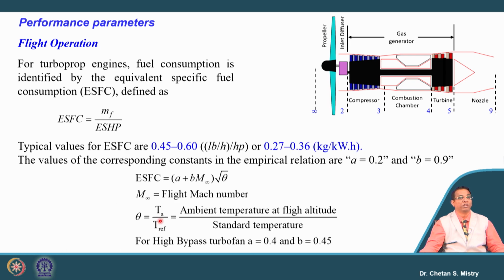Okay. There is one more very important terminology that we are bothered about, which is specific fuel consumption. Here for a turboprop engine, we call it equivalent specific fuel consumption. That is given by m dot f divided by equivalent shaft horsepower. Typically it is in the range of 0.45 to 0.6 pounds per hour per HP, or in terms of SI units, 0.27 to 0.36 kg per kilowatt hour.